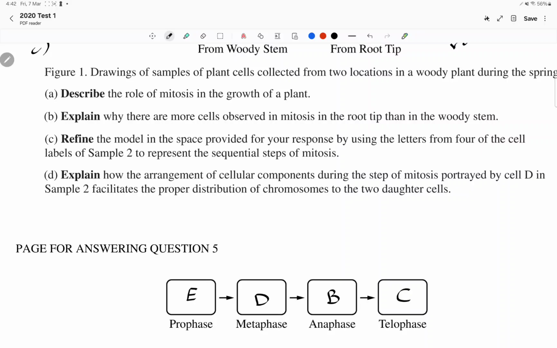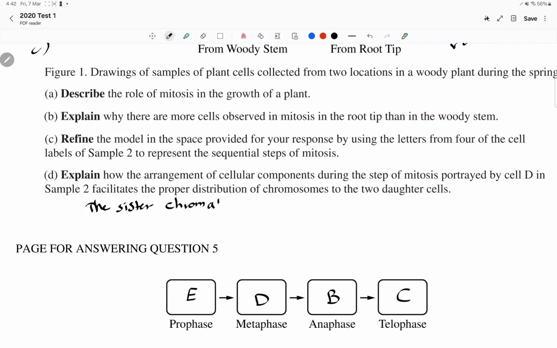Explain how the arrangement of cellular components during the step of mitosis by cell D, which is the metaphase, in sample 2 facilitates the proper distribution of the chromosomes to 2 daughter cells. So we got this back in our bio quiz 6 times. Spindle fibers and stuff, right?